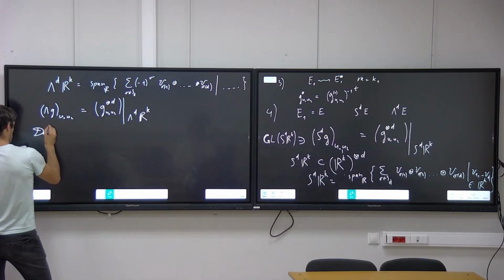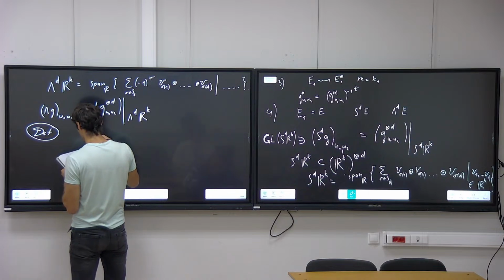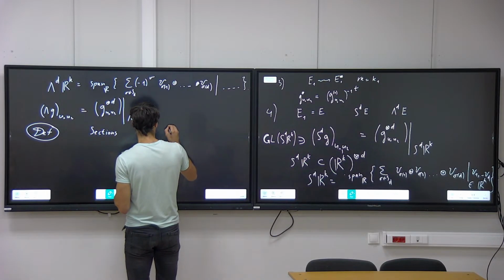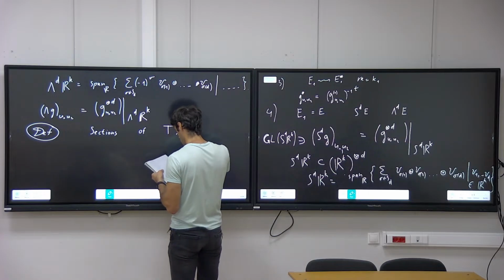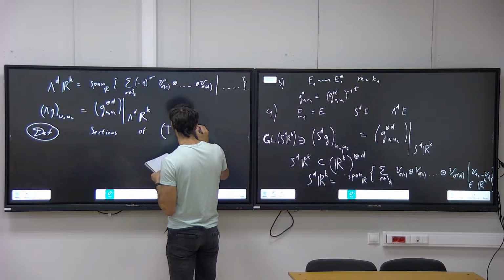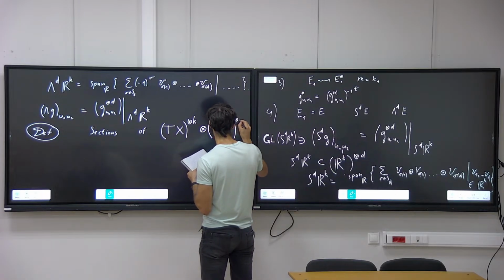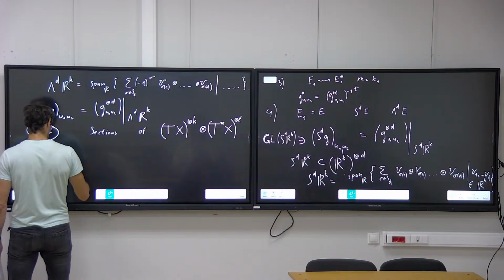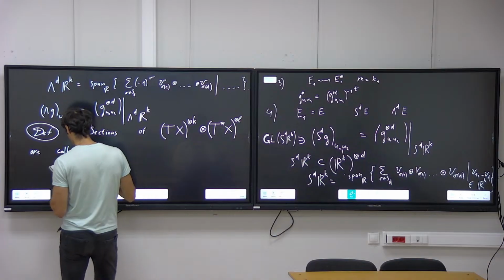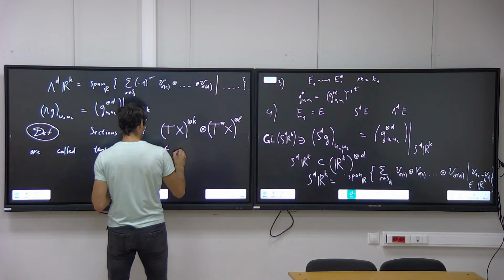So let me right away give the definition: sections of T X tensor K tensor T star X tensor some L are called tensors, so tensor fields, so-called tensors on X of type (K, L).